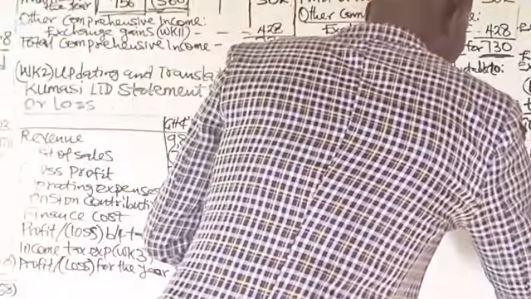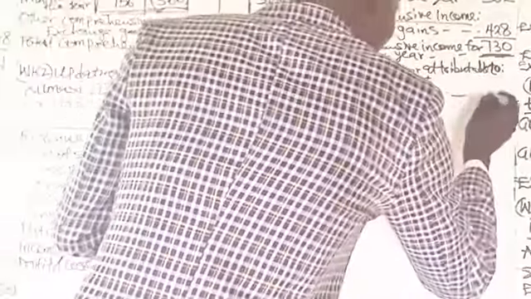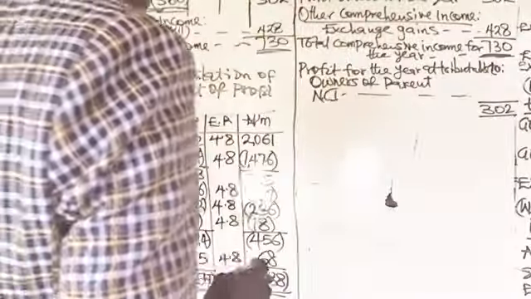The total profit for the year, as calculated above, amounted to 302 million. Then this 302 million will be shared between the parent company and the non-controlling interest.